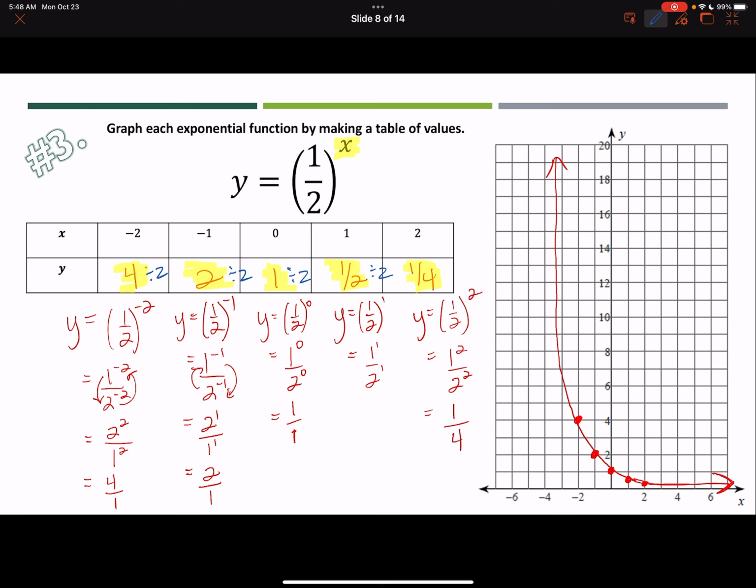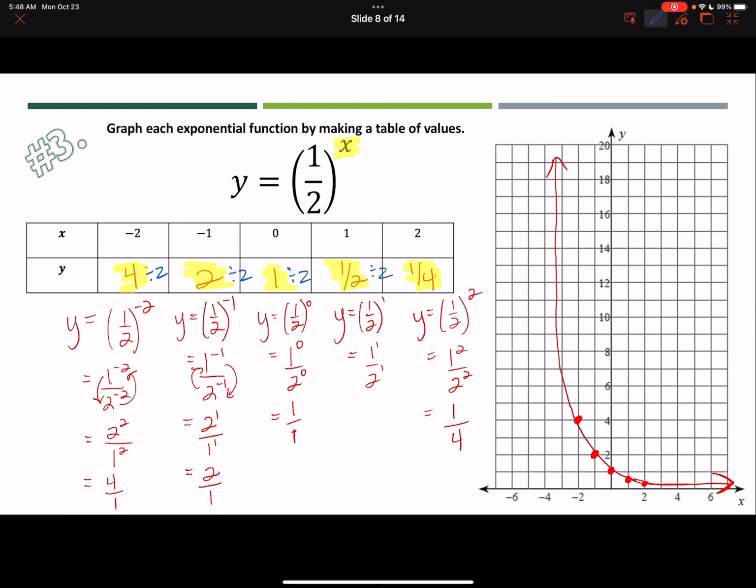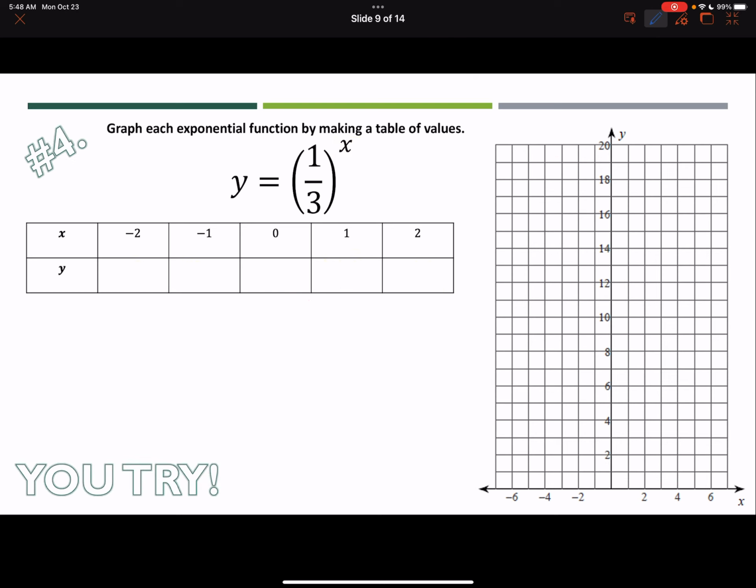So I can see this pattern where I'm dividing. And I still have this curved value. But now instead of my curve going up from left to right, this one's going down. Okay. So why don't you pause the video here, try this one on your own, and then when you're finished, you can unpause and check your answers.